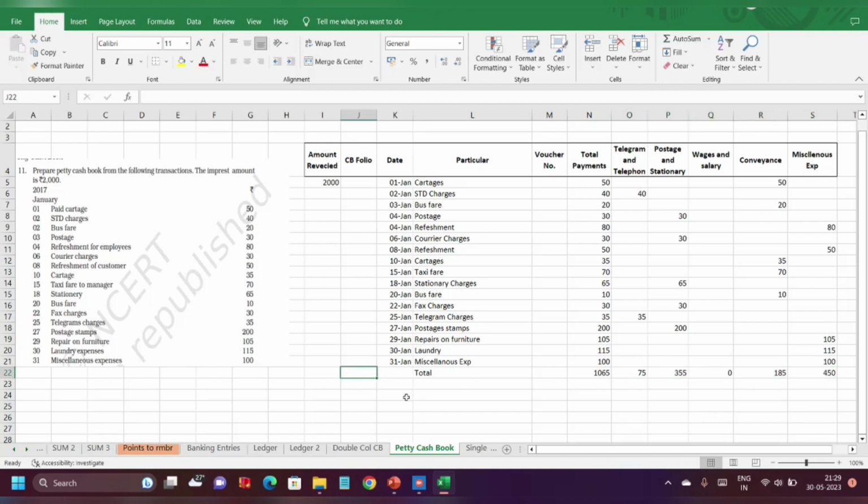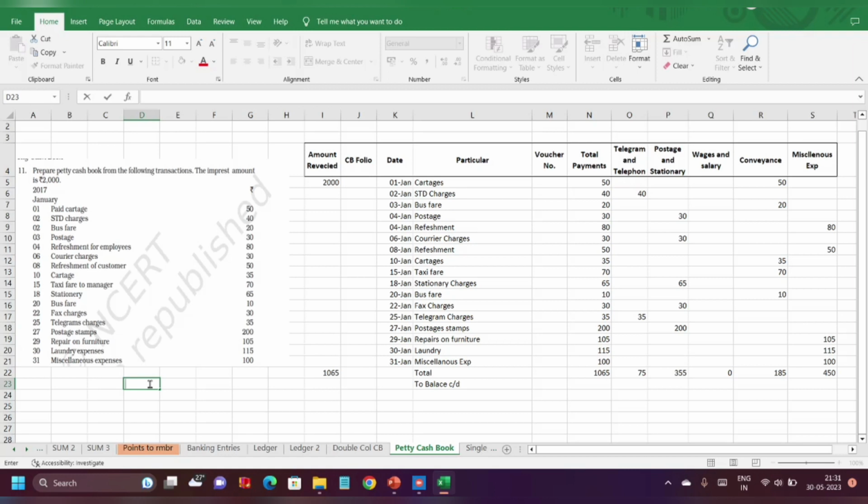So 2000 rupees was given to the cashier, of which he paid all the expenses of 1065, which means there's balance with him. So to balance carried down, let's write our total 1065.